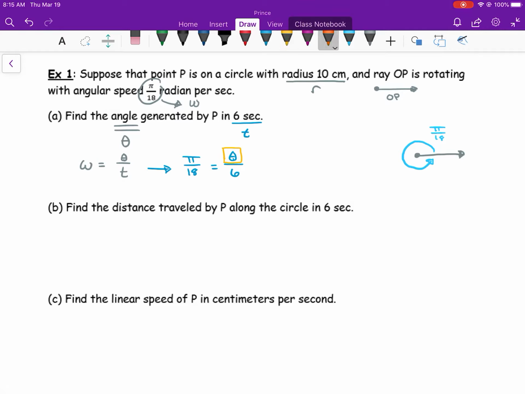So we multiply the 6 across, which cancels that out. We get 6 pi over 18, which simplifies to pi over 3. And this, ladies and gentlemen, is the angle that we rotate through.